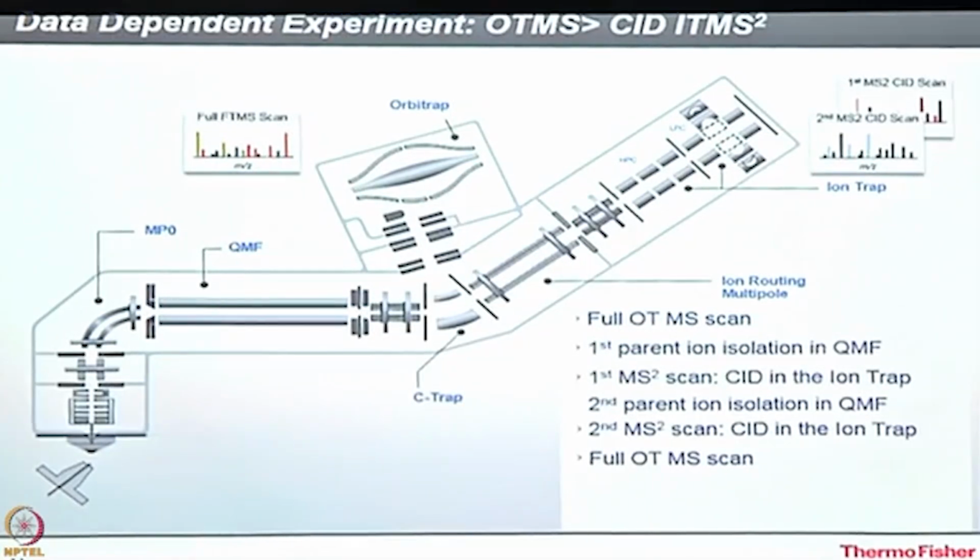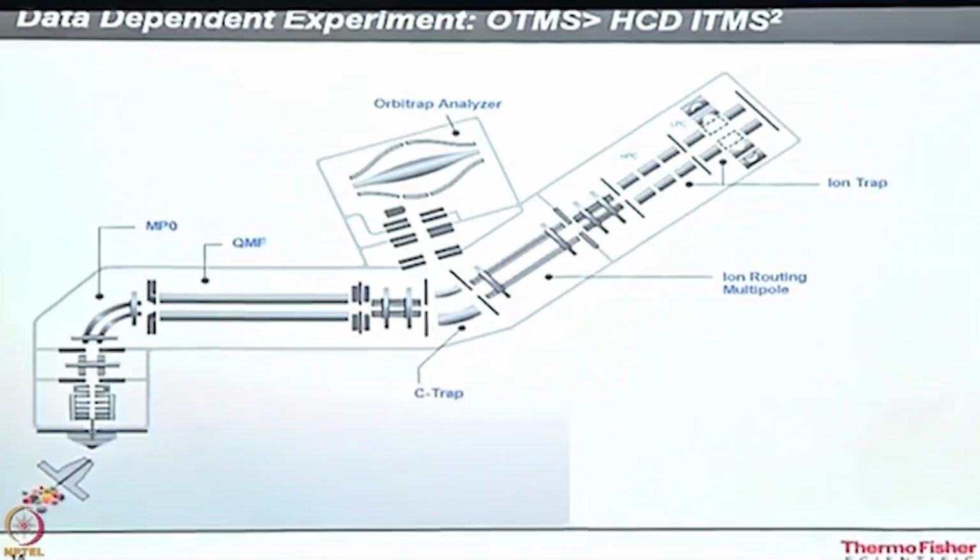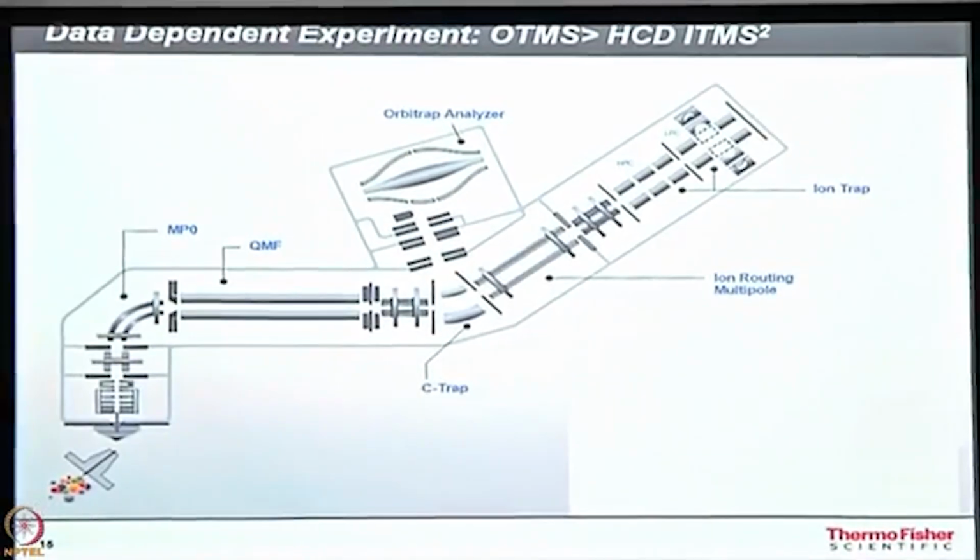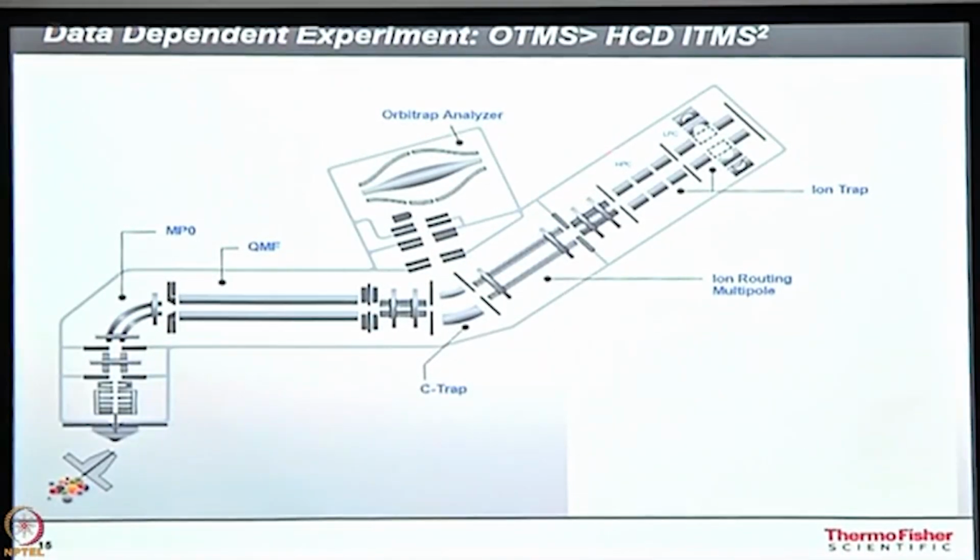The second experiment is HCD. In the first experiment we were doing CID, where the fragmentation happens here. Now in the case of HCD, the fragmentation will happen here. In the same way, the full MS stops here, then goes to the Orbitrap for analyzing.